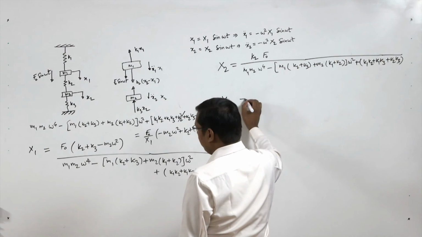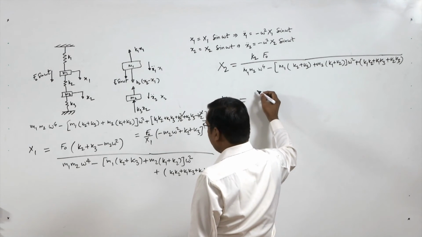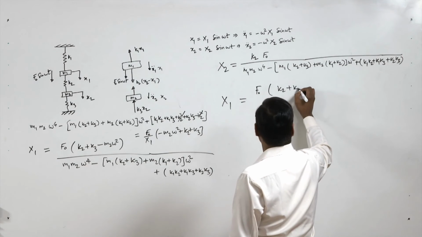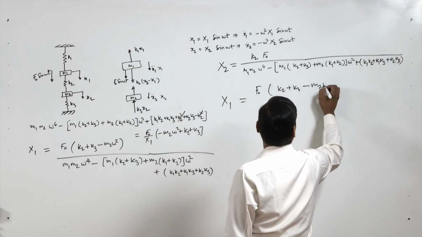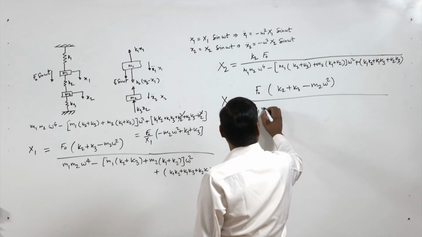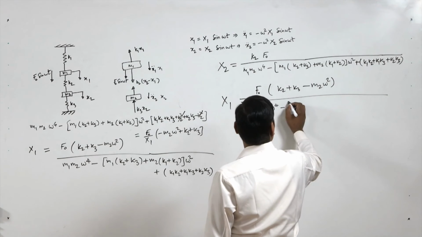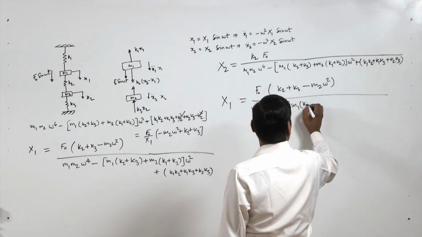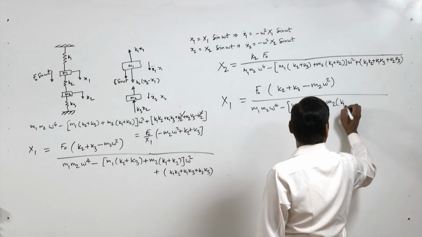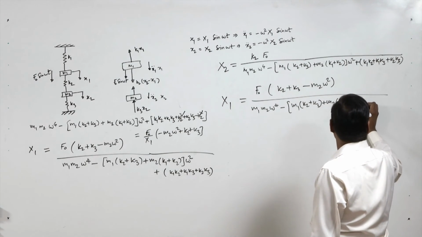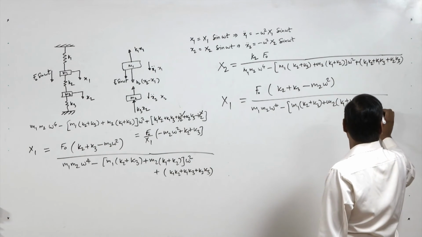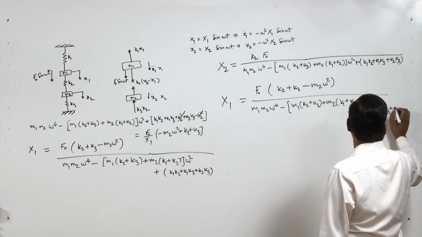So let me rewrite here because I want to discuss some concept. So K2 plus K3 minus m2 omega square upon m1 m2 omega 4 minus m1 K2 plus K3 plus m2 K1 plus K2 omega square plus K1 K2 plus K1 K3 plus K2 K3.